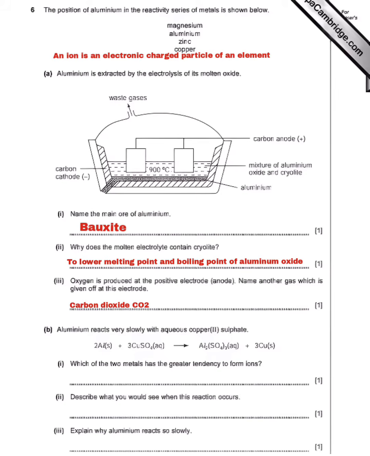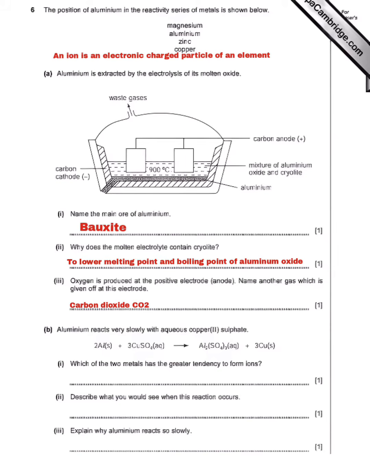In this case, I'm going to use the chemical formula to determine which one has the greater tendency to form ions. As you can see, in the products, aluminium sulfate shows that these three are coming from aluminium, which means aluminium is forming a positive charge of 3, or plus 3.